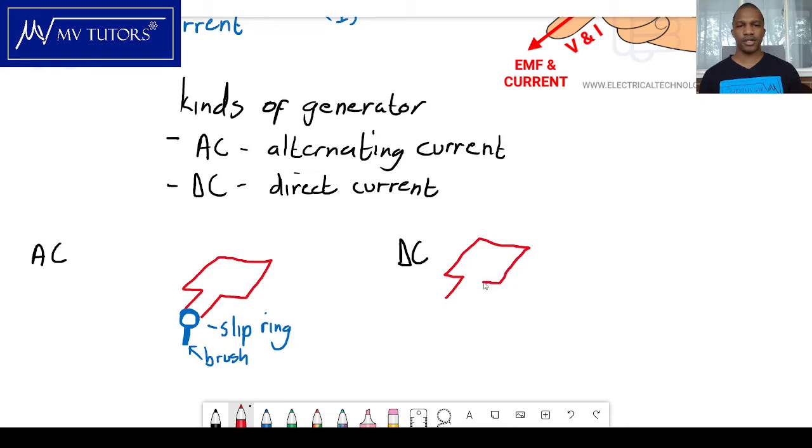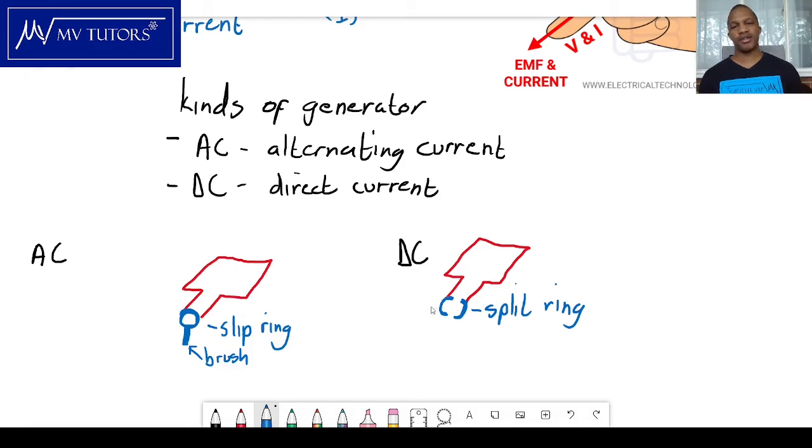Instead of slip rings, we have what we call split rings, which means it's still a ring but it's split like that. So this is a split ring. That's the difference between an AC and a DC.